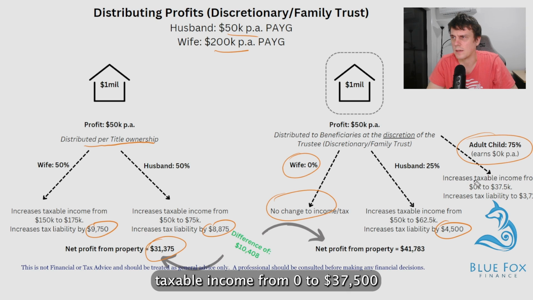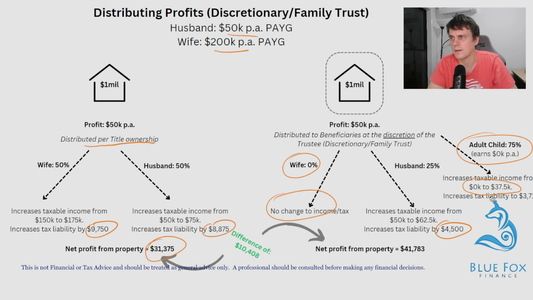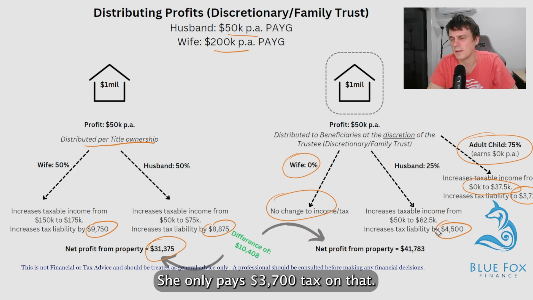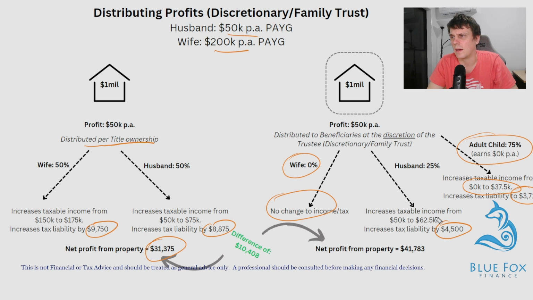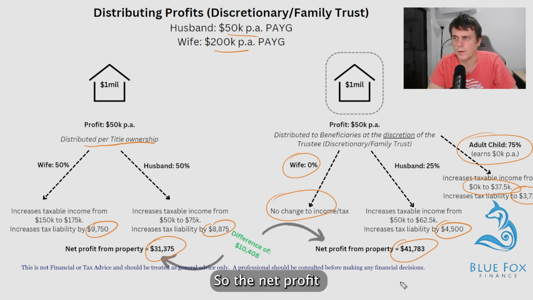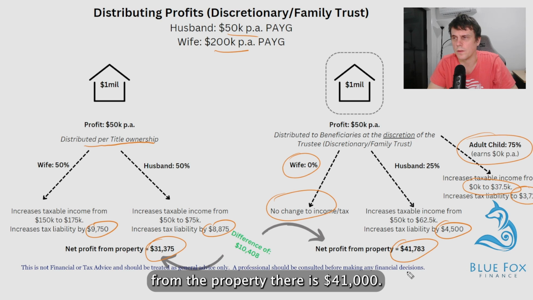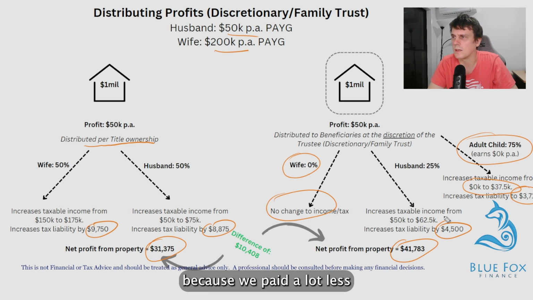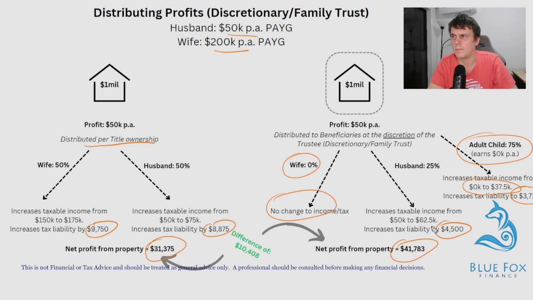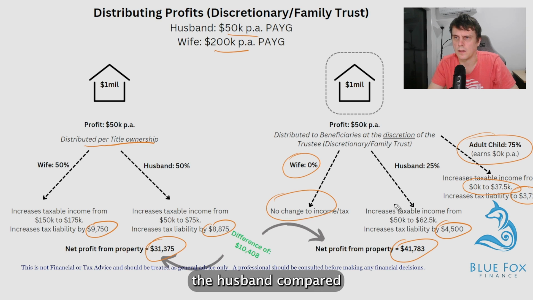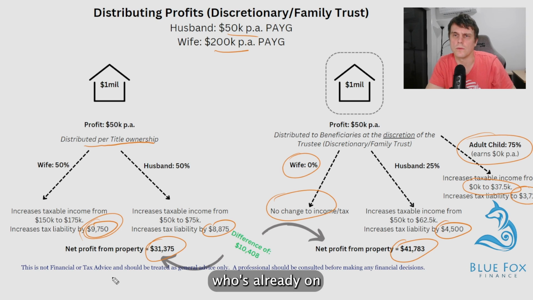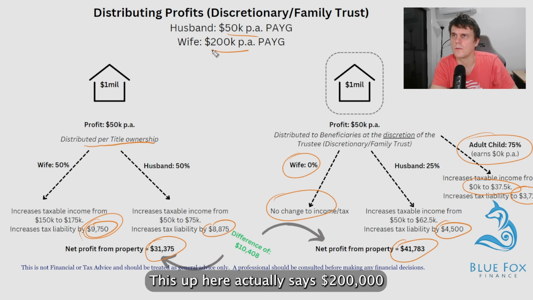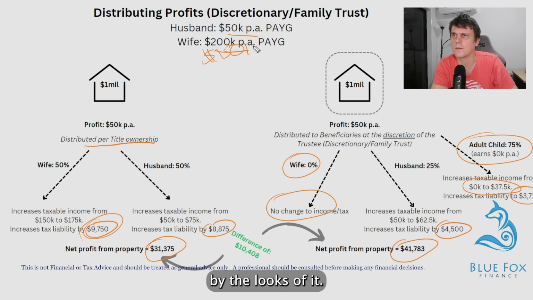Increase the taxable income from 0 to 37,500. She only pays 3,700 tax on that. So the net profit from the property there is 41,000, and that's purely because we paid a lot less tax by distributing it to the child mostly and partially the husband, compared to when we distributed it to the wife over here, who's already on quite a high income. And this actually says 200, but should say 150 by the looks of it.